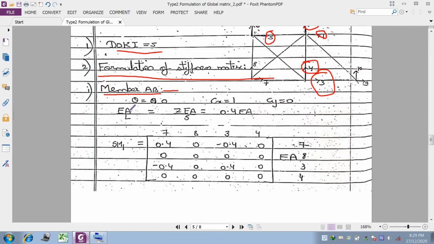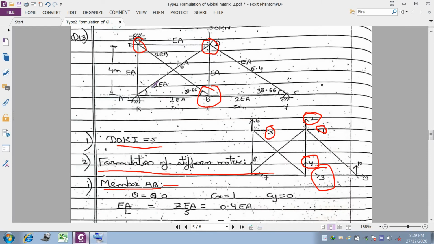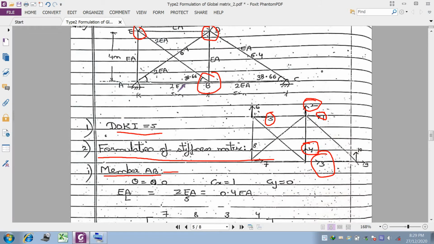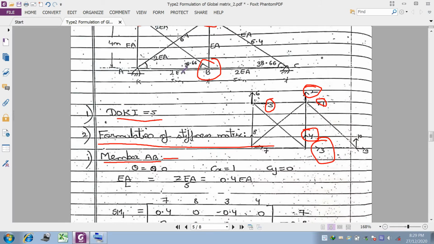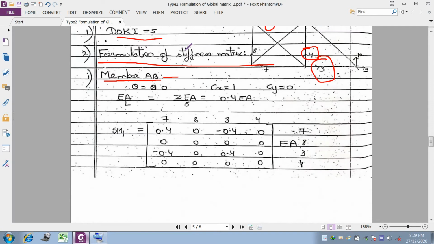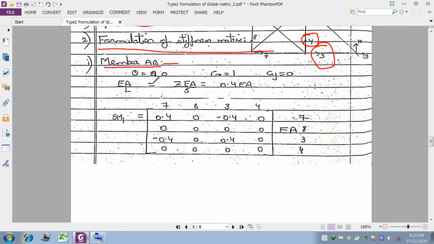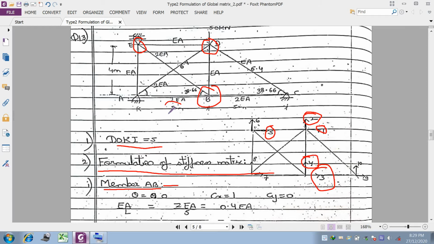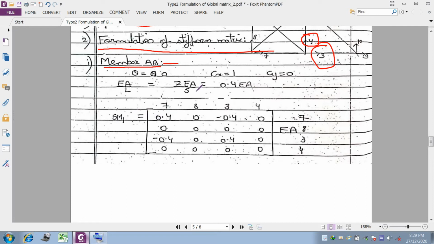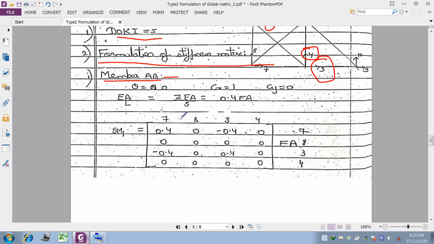Now we have to calculate EA by L. If you see the diagram carefully, the value of EA is already given for each member, so we have to pick that value for our calculations. For AB, 2 EA is given, so EA by L is 2 EA by L, where the length is given as 5 meters. So we get EA by L as 0.4 EA. Now we know the formula for this case.